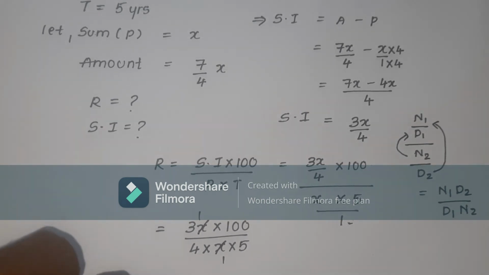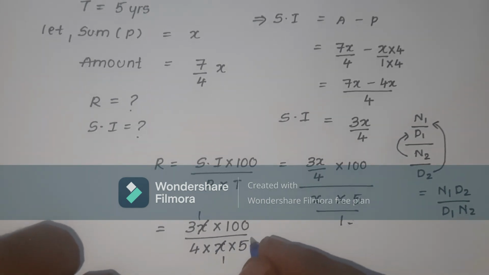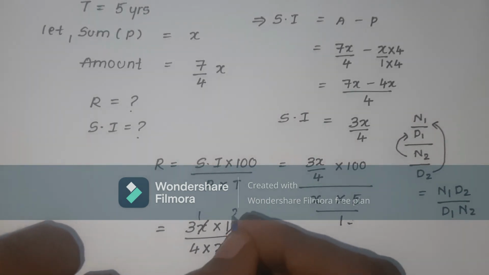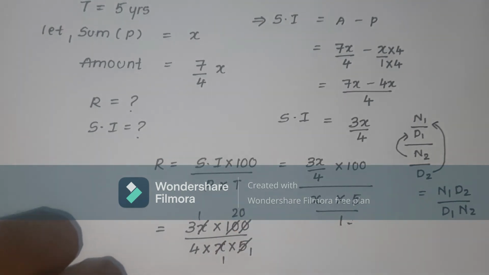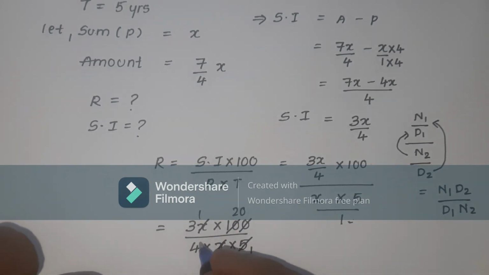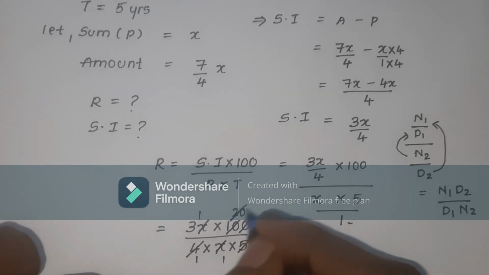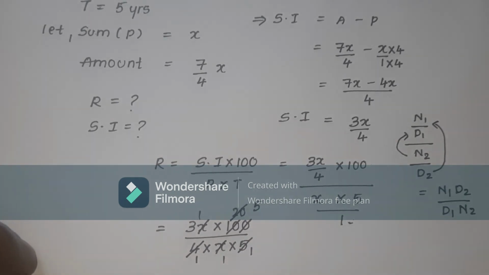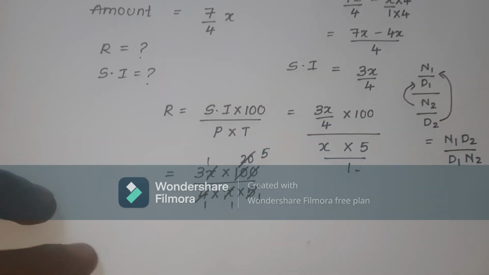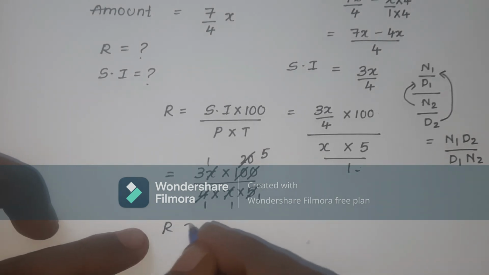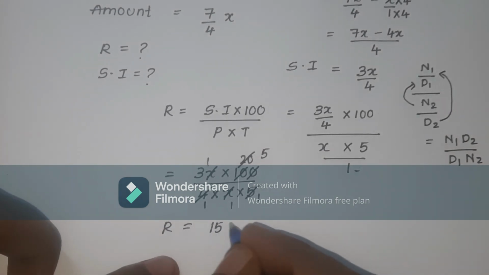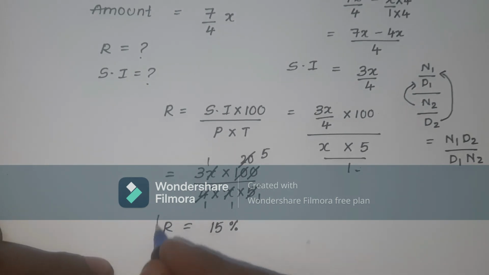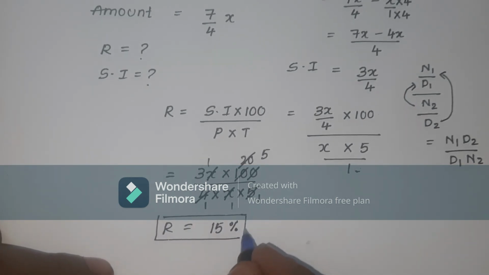And you know well, 5 ones are 5, 5 twos are 10, 5 zeros are 0, that's 20 times. Anyhow, 3 and 5 is remaining. So we can say the rate is 3 into 5, which is 15. So 15% is the rate. That is my final answer, student.